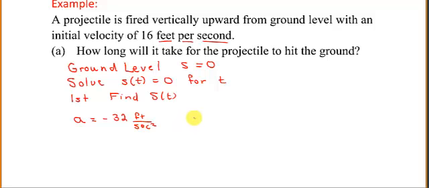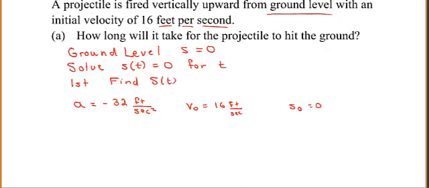The initial velocity: it starts with an initial velocity of 16 feet per second. We're assuming, of course, that upward is the positive direction. And finally, since we're starting from ground level, the initial position is 0.